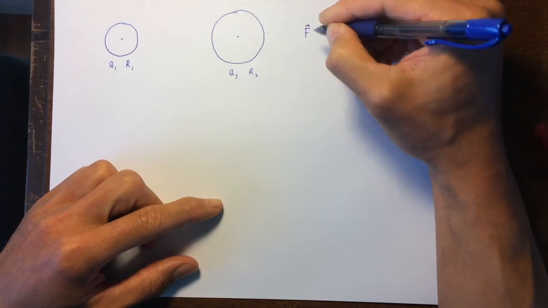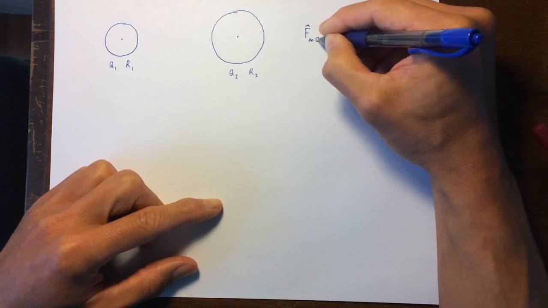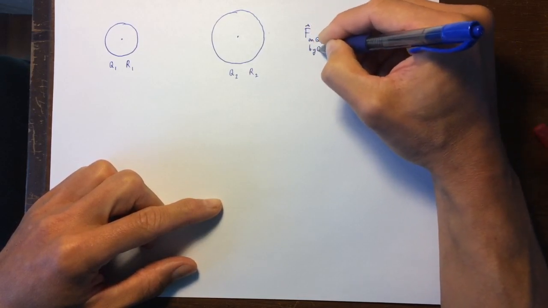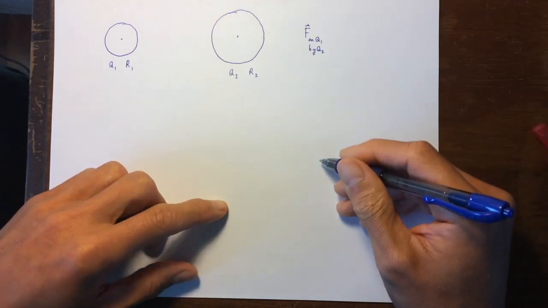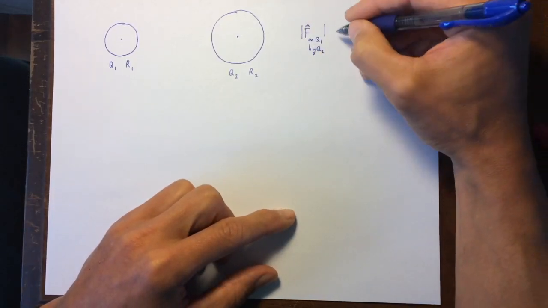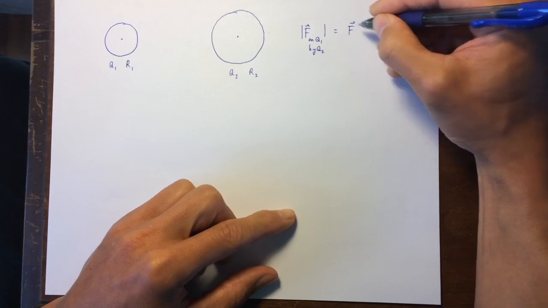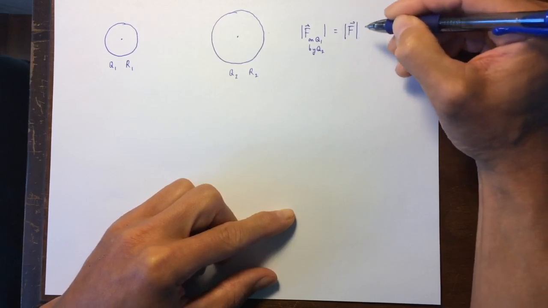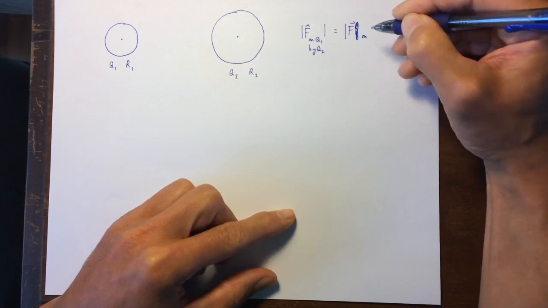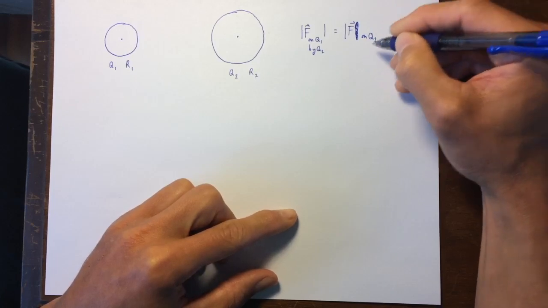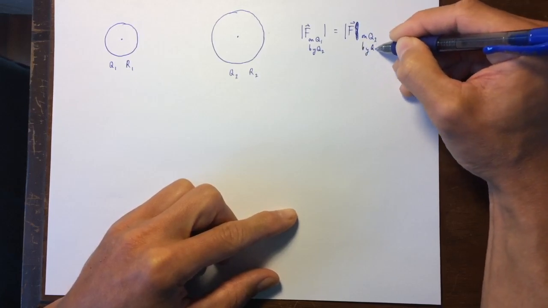The magnitude of the force acting on Q1 by all of the charge Q2 is equal to the magnitude of the force acting on Q2, so the reaction, by Q1.